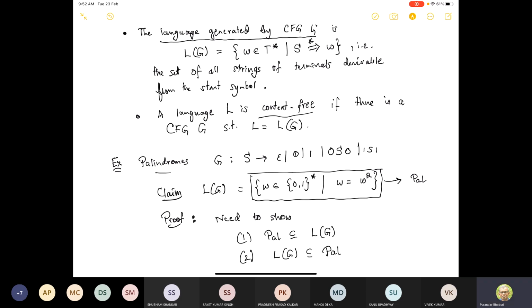That's the only way to show set equality. Okay? Every element in the left set belongs to the right set, and every element in the right set belongs to the left set. So you have to show these two things. So please be careful. It's not enough to show only one way.